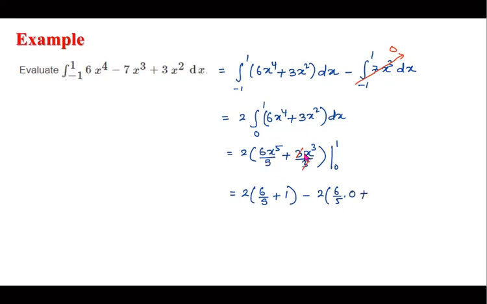Then plus, we have 0 cubed, that is also 0. So everything in the second parenthesis will be 0. So what I'm getting is 2 times 6/5 plus 1 is 11/5. So 2 times 11/5 is 22/5. So that is the value of the definite integral.